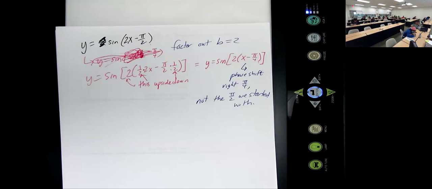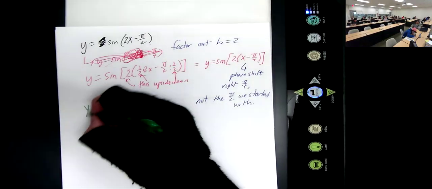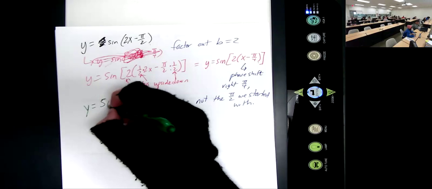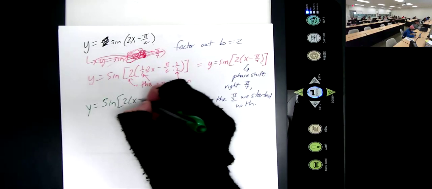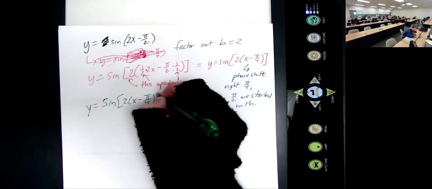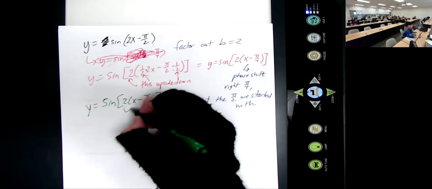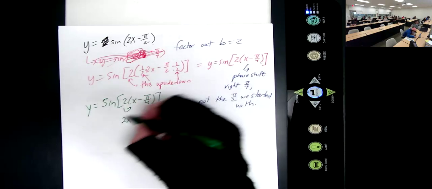Now you can always double check to see if you got it right by multiplying the 2 back in. I'm gonna show it real quick. 2 times x minus pi over 4. If I multiply the 2 back in, I get 2x there.